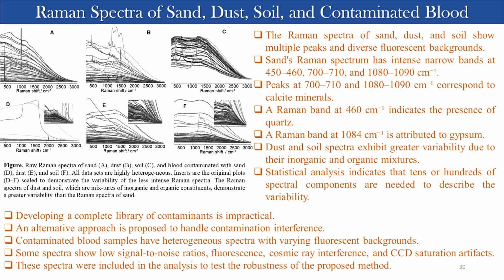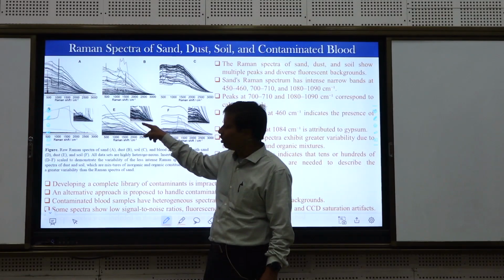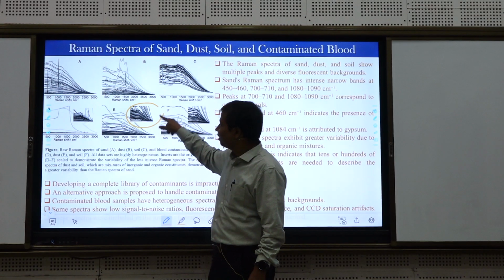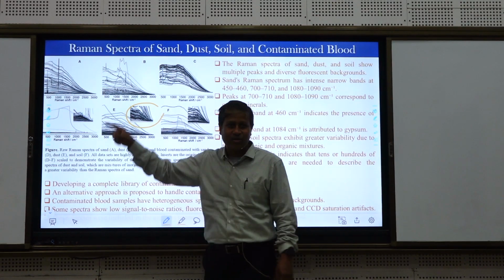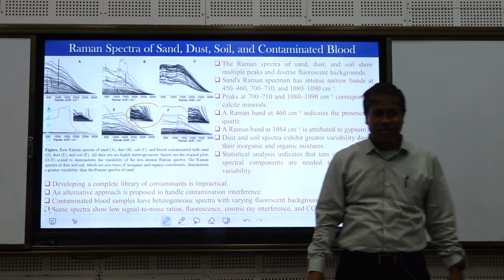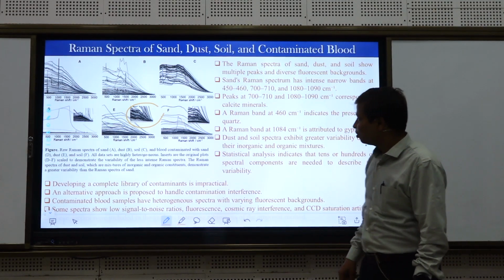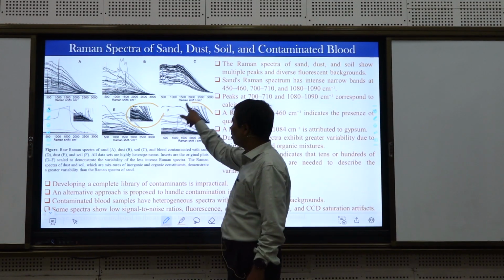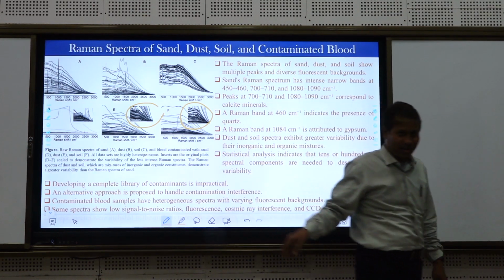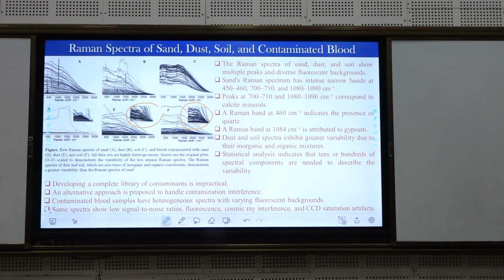Can you imagine? So much time they are spending, so many samples they are recording. Each line is one sample. So these conclusions are out of a lot of hard work.